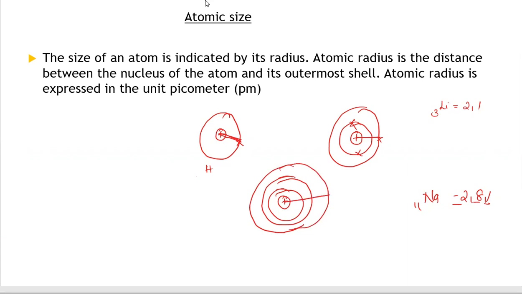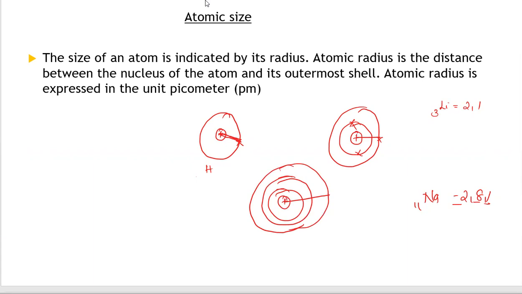See, as the number of shells is increased, atomic size is increased. So atomic size means what? Here, from the nucleus, only one shell is there, first shell. Here, from the nucleus to the second shell, number of shells 2. Here, number of shells 3. So from the nucleus to the last shell.